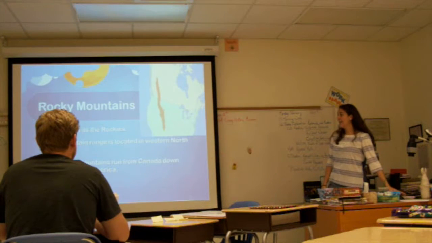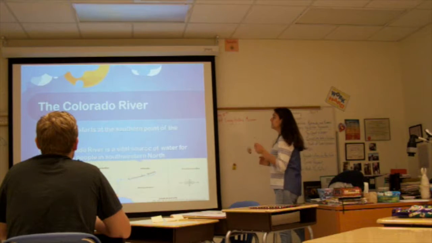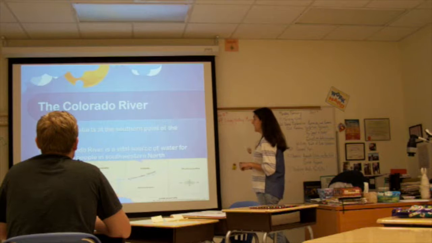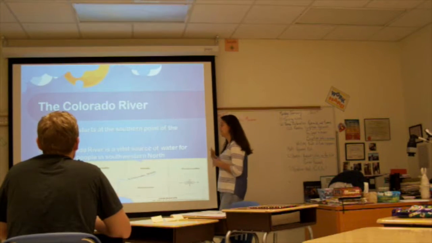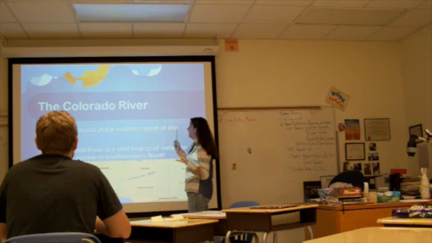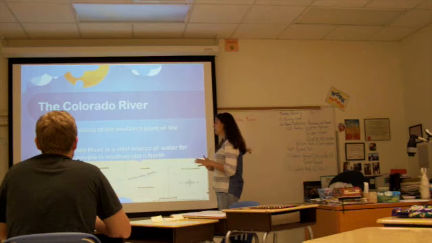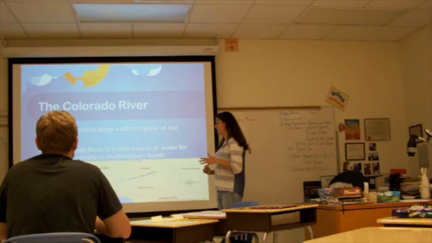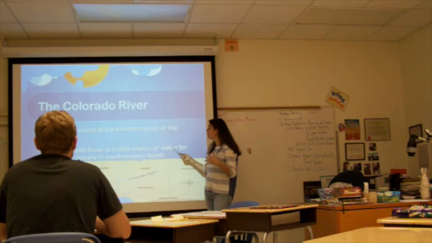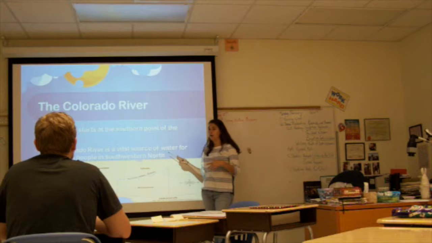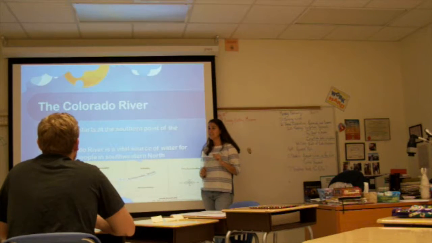Okay, our next slide, the Colorado River. This river starts at the southern point of the Rockies, so we can see that some physical features will connect with each other, right? The Colorado River is a vital source of water for 40 million people in southwestern North America. That's pretty important, right? Why do you think that it's a vital source of water? Because it's fresh water and people need to drink fresh water.